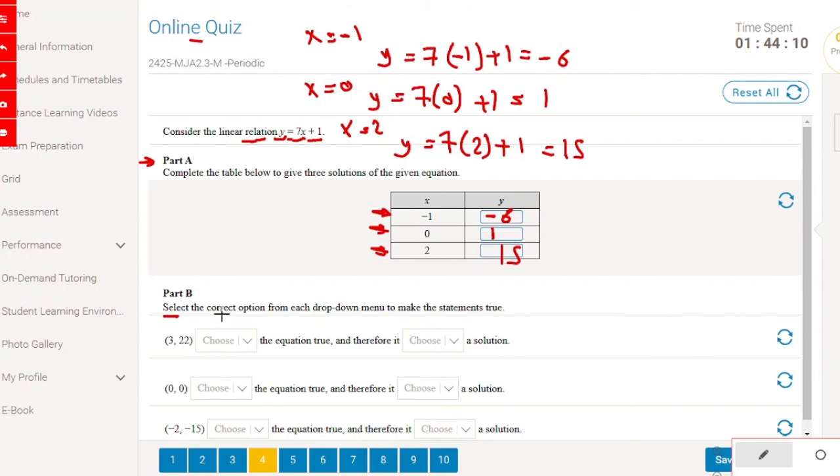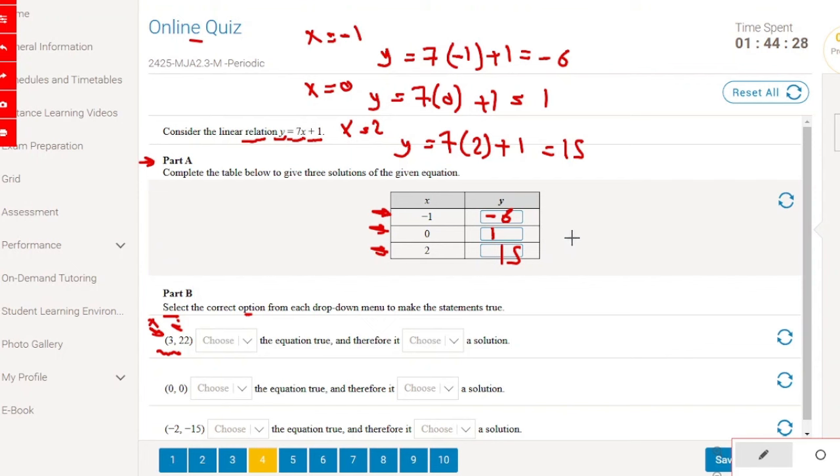Now select the correct option from each drop-down menu to make the statement true. Point (3, 22). X is 3 and y is 22. So we'll apply it in the equation.